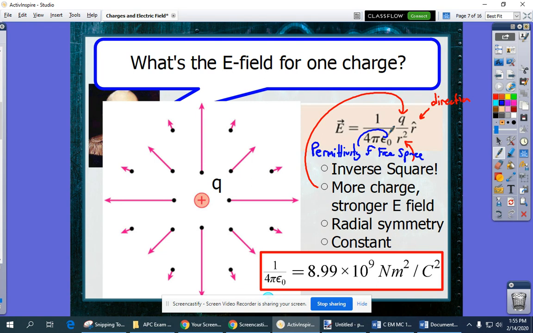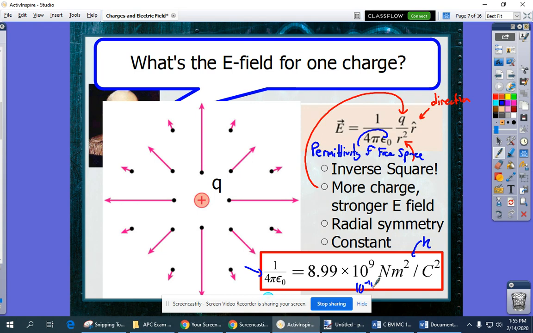And this constant, 1 over 4 pi epsilon naught, is sometimes called K, the Coulomb constant, with a value of about 9 times 10 to the ninth. Notice times 10 to the ninth; when we did gravity, we had 10 to the negative 11th, again reinforcing that electrostatics is much, much stronger than gravity.